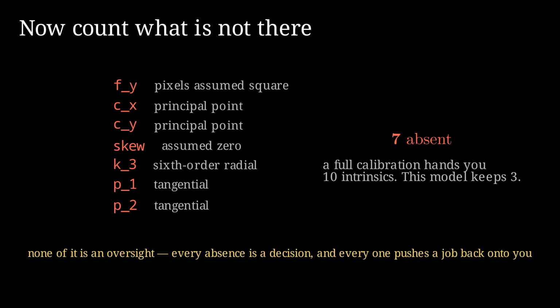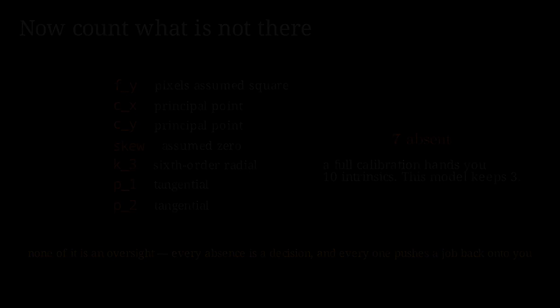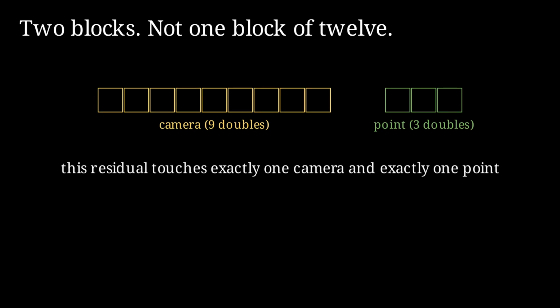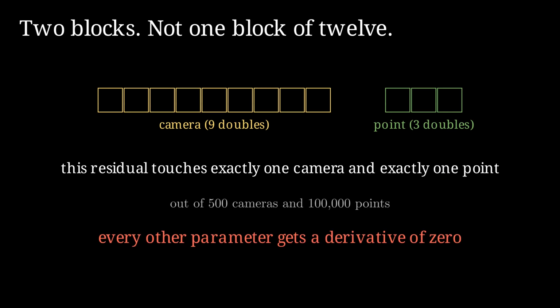Last thing, about the shape of it. It's a flat array. 9 contiguous doubles for the camera, 3 contiguous doubles for the point, and Ceres hands your function a raw pointer to each one. 2 blocks, not 1 block of 12. And that split isn't cosmetic.